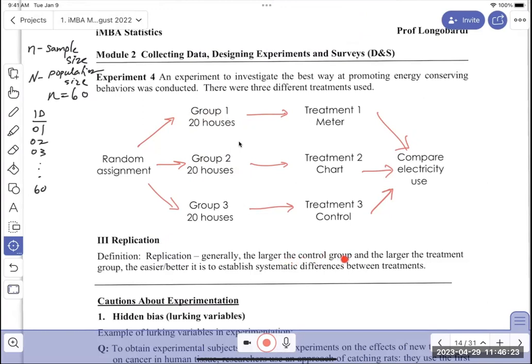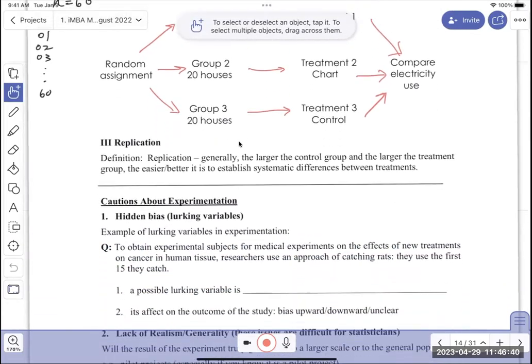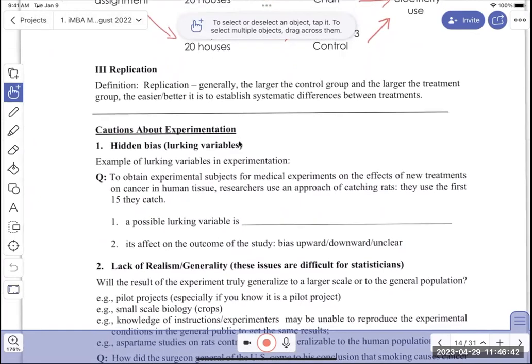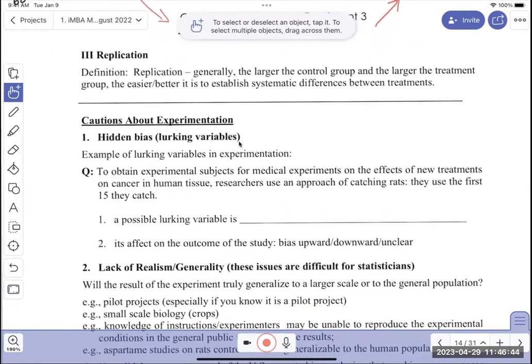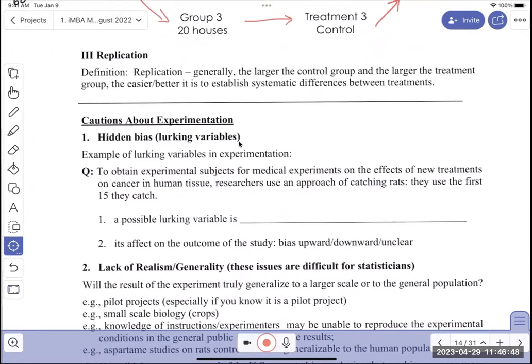And in general, the larger the groups, the better it is to establish systematic differences between the treatments. However, there's a cost to doing that. So to do this efficiently, you want to include a lot, but not more than you need. So coming up with that number is also statistically sophisticated. There's a statistical way to determine how many participants you actually need.